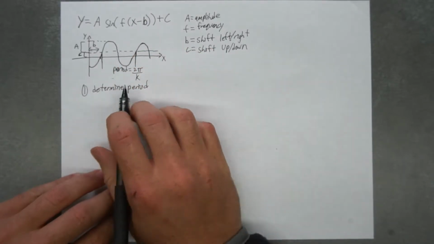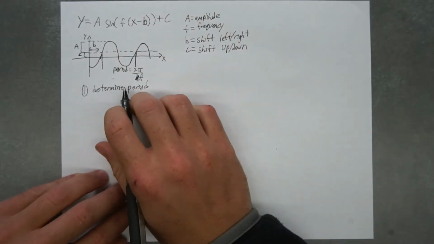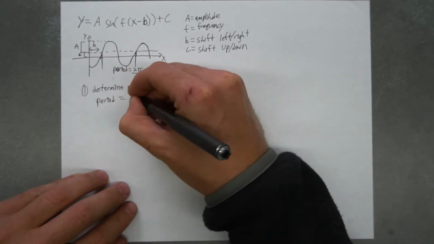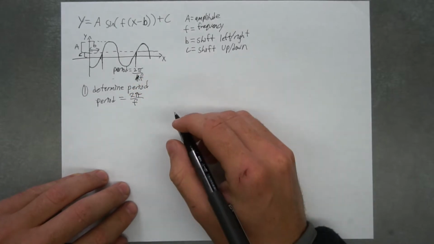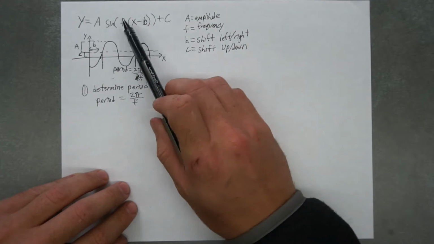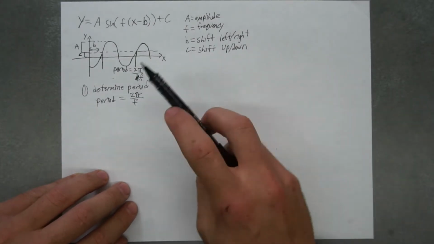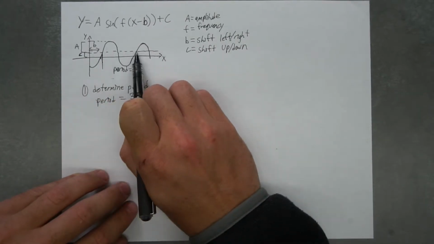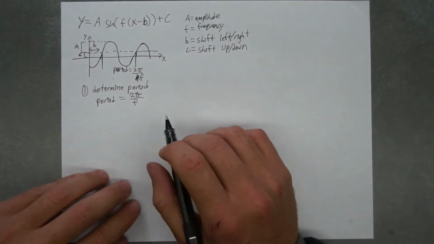The period is equal to 2 pi over f, our frequency. Later on you'll see, you can take the coefficient out front, put 2 pi over that coefficient, and that gives our period. The period is when you go along the graph and go back to the same point. It's one cycle of the graph.